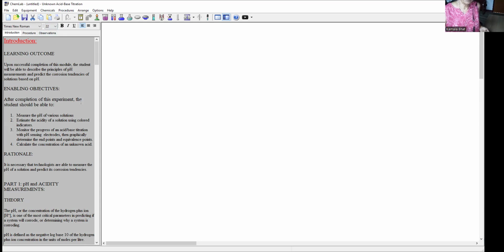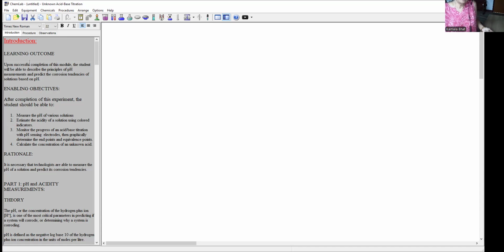After completing this particular experiment, you should be able to use or measure the pH of various solutions, estimate the acidity of the solution using colored indicators, or basically indicators which will give different colors in acid and base, measure the progress of an acid-base titration with a pH sensing device or electrode, then graphically determine the endpoint and the equivalence point. After which you have to calculate the concentration of the unknown acid.